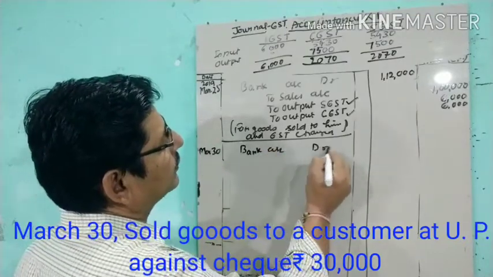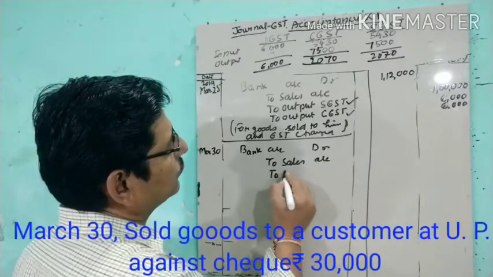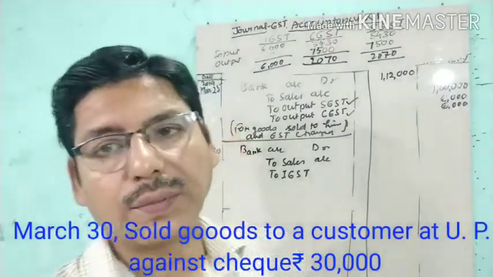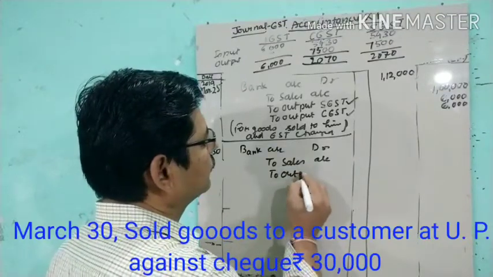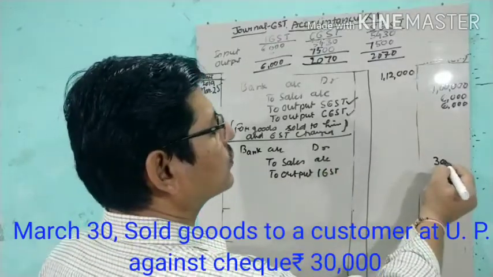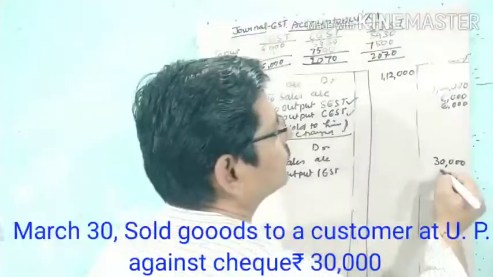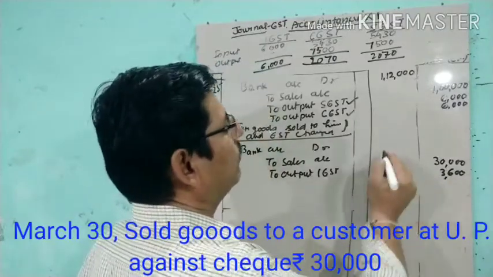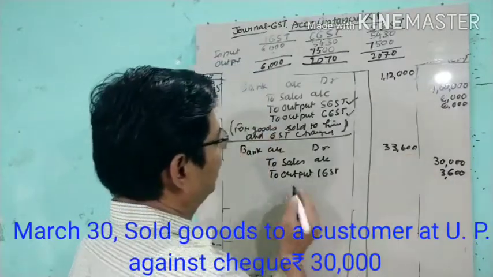Bank account debit to sales account to IGST, because the sale is outside the state, so it is output IGST. 30,000 worth of goods are sold, and 12% GST is 3,600. Total amount received will be 33,600.